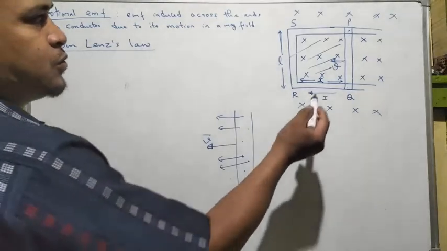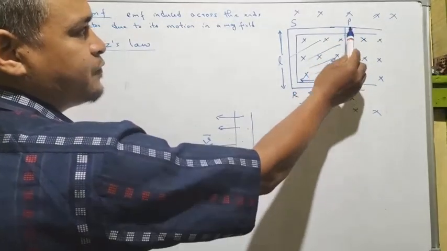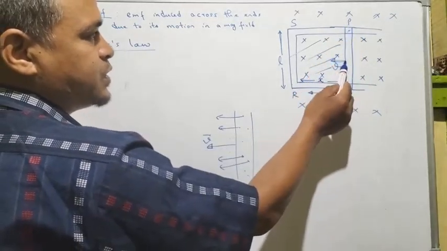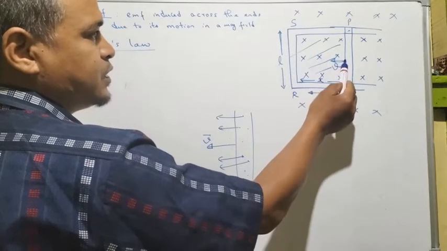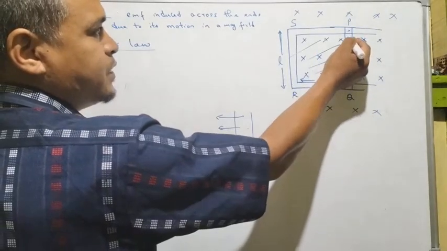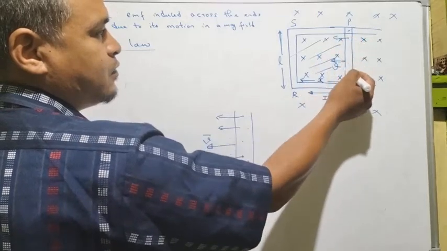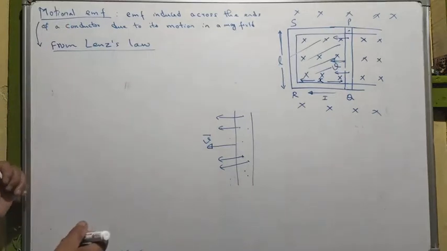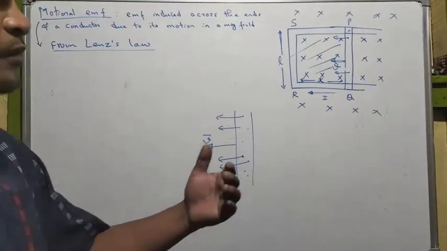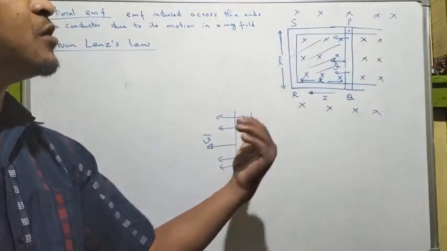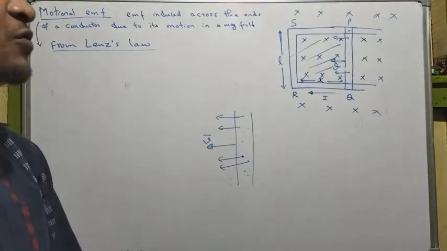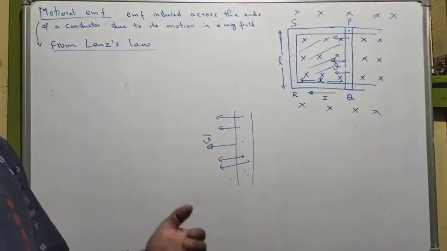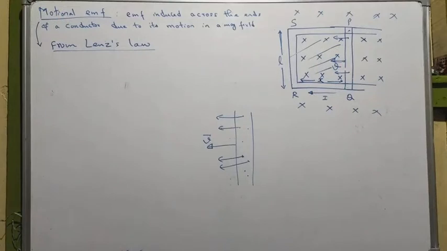Looking at this figure, if this conductor PQ is moving with a velocity v in this direction, then all the free electrons inside the conductor will also be moving in the direction of the velocity v of the conductor. These electrons are now under the action of a magnetic field.